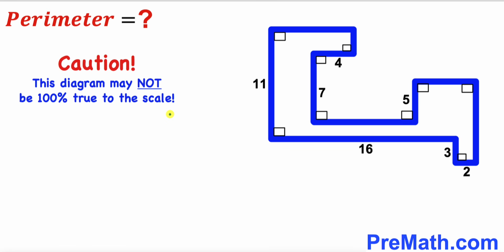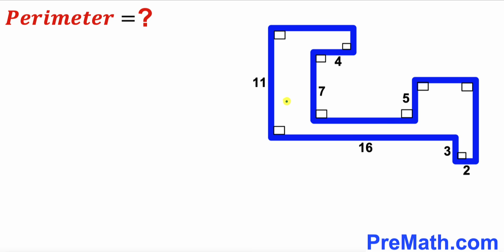And please keep in mind that this figure may not be 100% true to the scale. Let's go ahead and get started. And here's our very first step. Let's focus once again on this given polygon. Since we are interested in calculating the perimeter of this given polygon, in other words, we have to calculate all these side lengths sum.